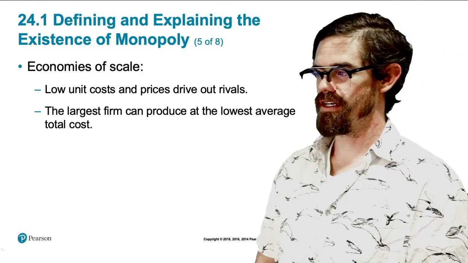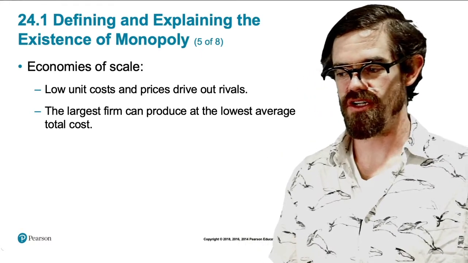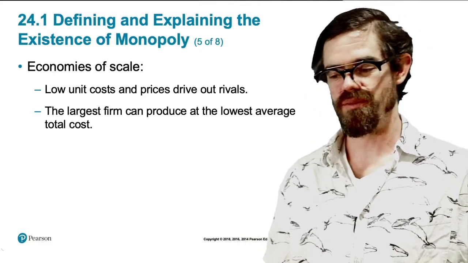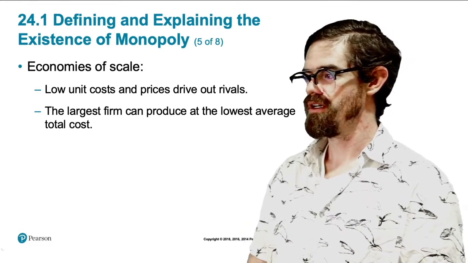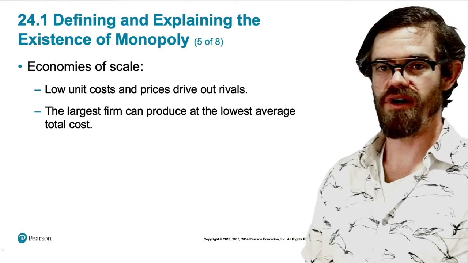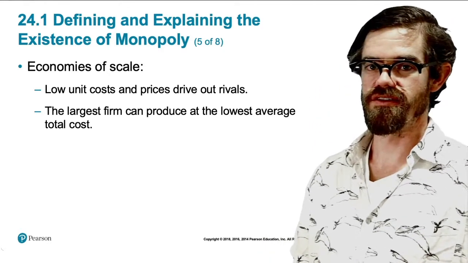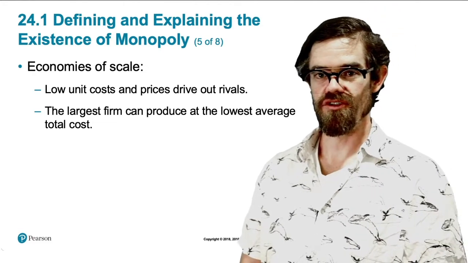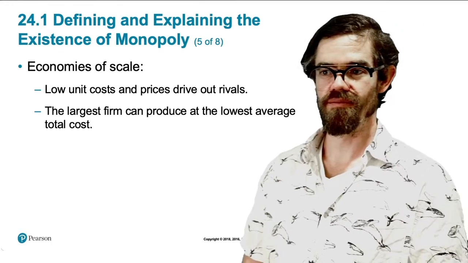Economies of scale, again, is when the firm is able to enjoy such low average total costs because their average total cost just keeps declining the more people that they sell to. They're able to drive out any rivals or competitors. Basically what ends up happening is that the largest firm gets to enjoy the lowest average total cost and can drive out competitors.